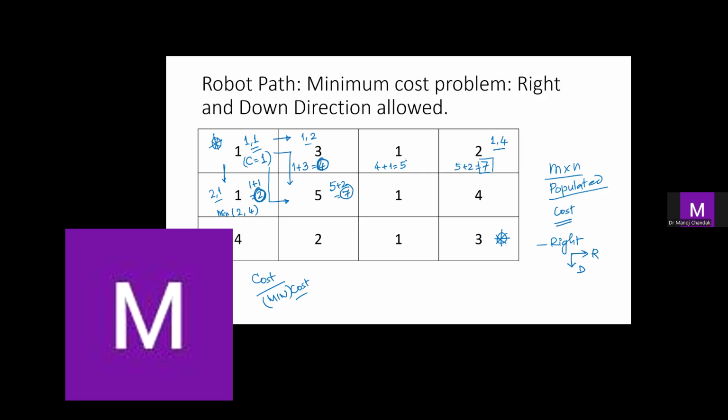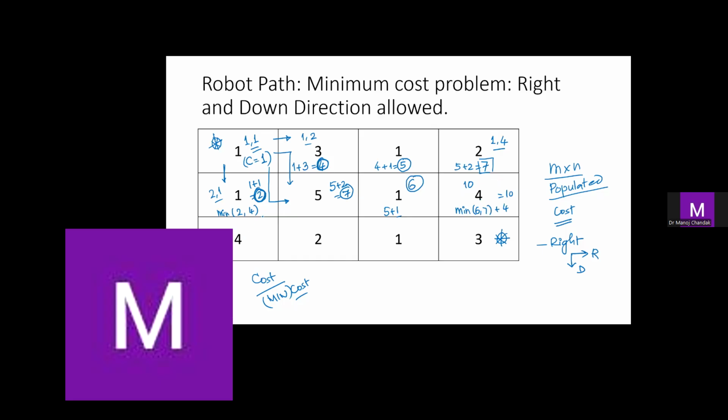Again, we take 7 and 5 and we'll write here 6. How do we write 6? It is nothing but 5 plus 1. Again, we take 6 and 7 and we write 10 here. How do we write 10? The minimum of 6 and 7, plus 4, that is 10. Further, we go down.